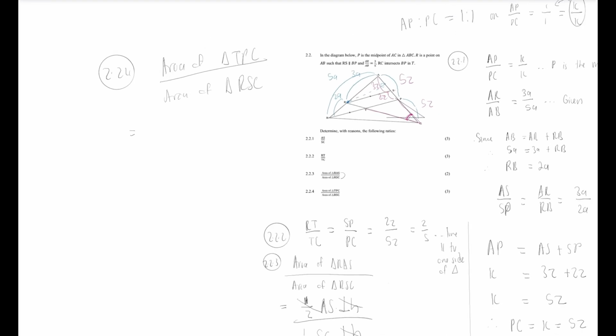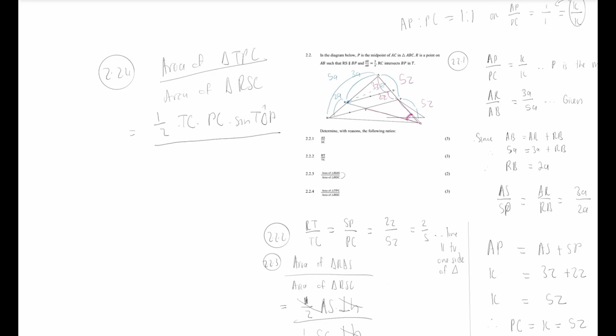to, so for my TPC, I'm going to have a half times this times this times the sine of this angle. And this angle is not C, it's angle TCP, right? Because C is the whole thing here. So it's going to be half TC times PC times the sine of TCP.